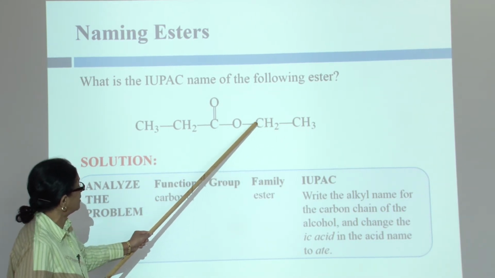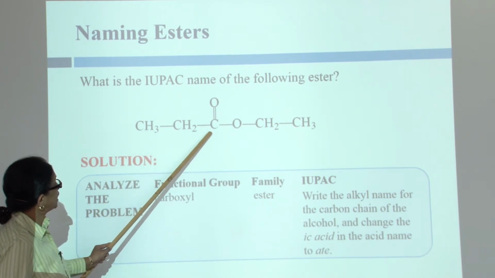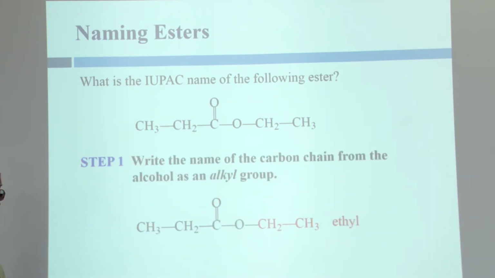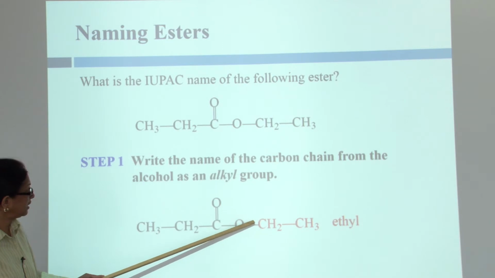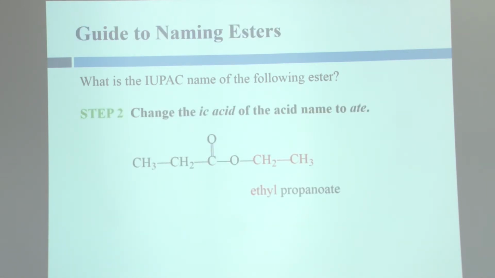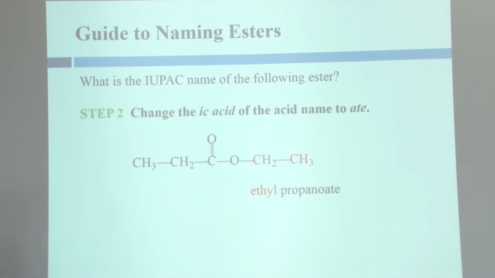This is 1, 2, ethyl, ethanol. 1, 2, 3, propanoic acid. So ethyl, ethanol, ethyl propanoate. That's how we name. The alcohol takes the alkyl group name, ethyl, propanoate.